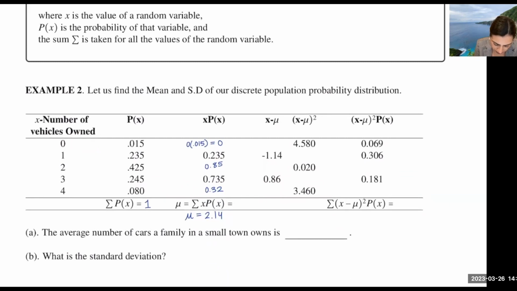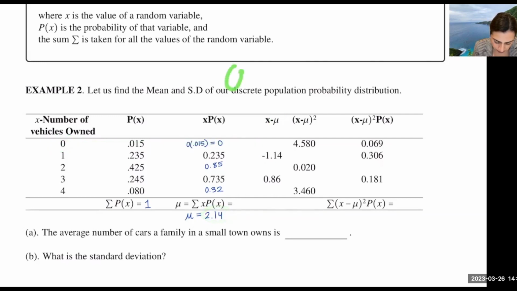We know that the mean is 2.14. Okay, so here, in order for us to find this value here, we're going to find x for that particular row. So here, my x is 0, my number of vehicles. And then I'm going to subtract that by mu, which is 2.14.